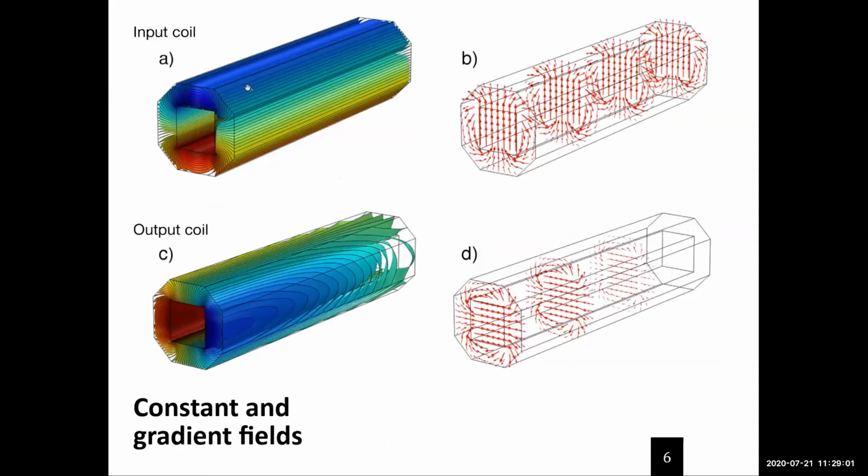Here I'm showing again on the top graphs the input coil. You can see the winding patterns and the magnetic field that this should produce. Then in the two lower plots, I'm showing one of the components of the output coil, just the transverse component.